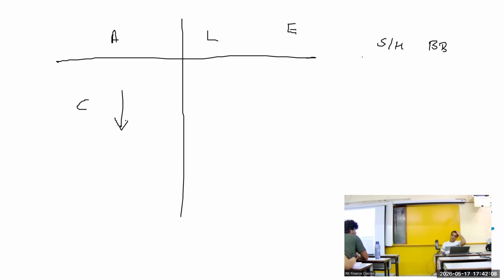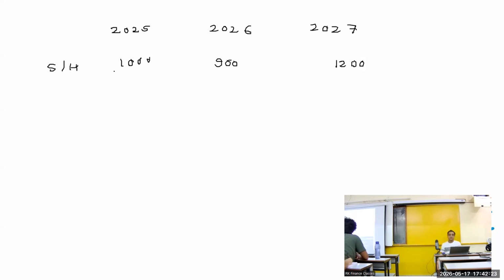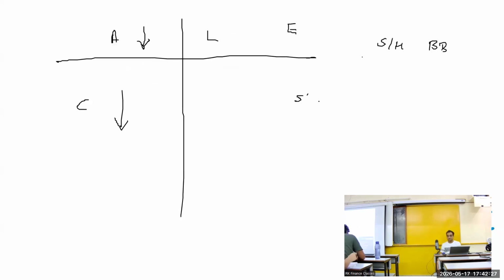The company is paying the cash, so cash will go down. Obviously the company will do this only when they have enough cash. So cash goes down, asset goes down. And on the equity side, as I mentioned just now, the share capital is going down. So share capital will go down. The equity will go down.